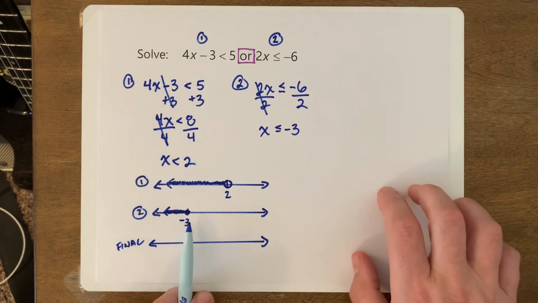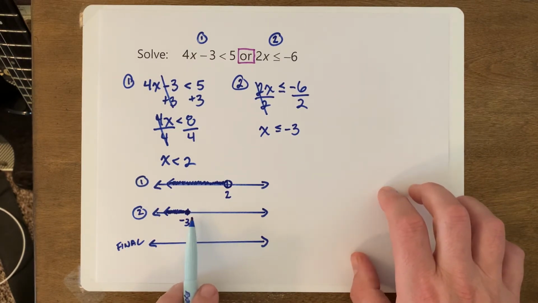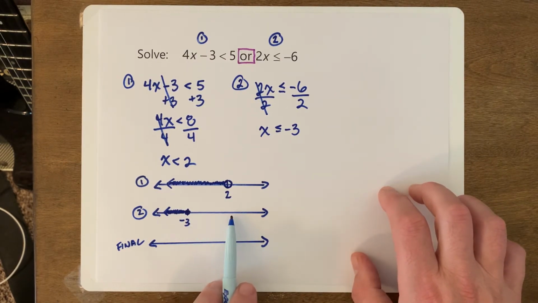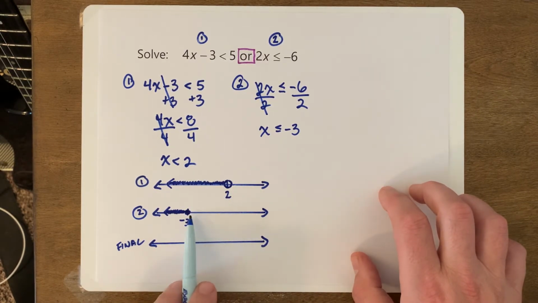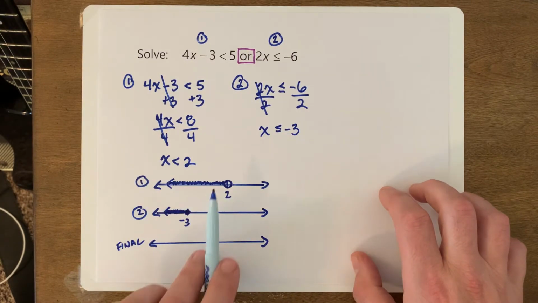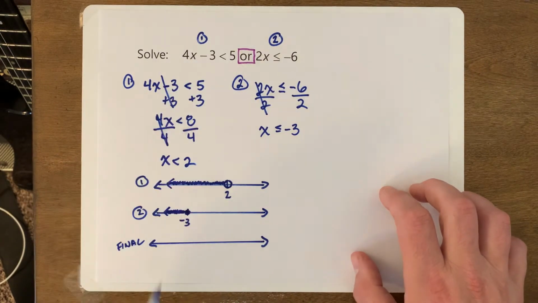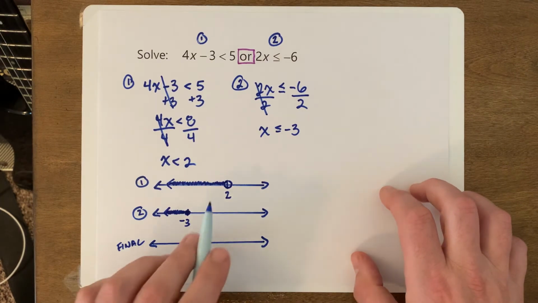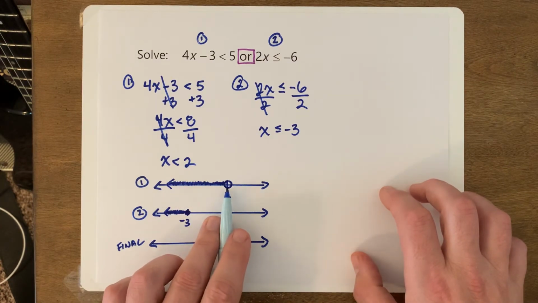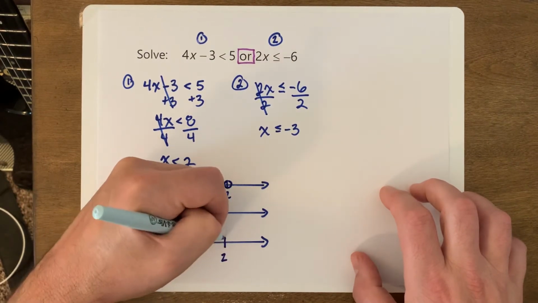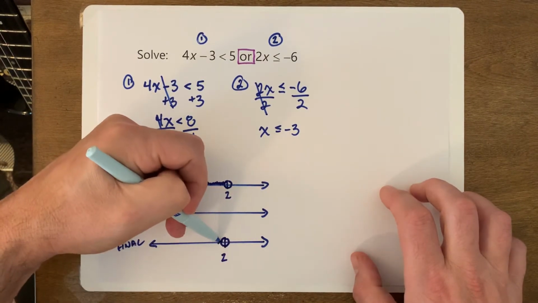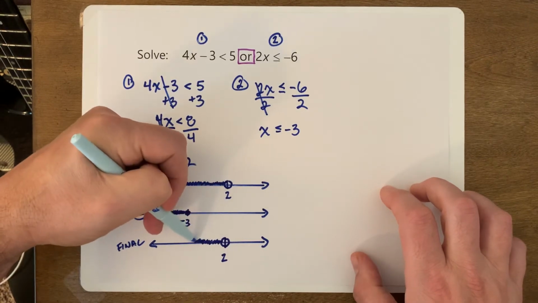And what I mean is, even though this one for number 2 does not contain solutions for the first one, it's still okay, because even though these numbers will fail, such as 0, will fail in the second one, they will not fail in the first one. And so therefore, we need to take everything from 2 on back. So our solution set is going to be an open circle at 2 on back. All right.